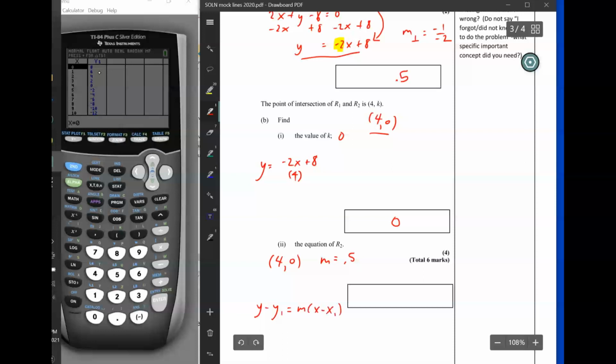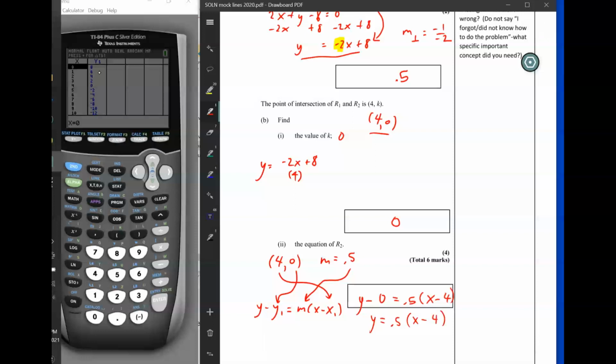We're just going to substitute 4 and 0 in for x1, y1, and 0.5 in for m, and that gives us the answer. y minus 0 equals m, oops, not m, because we already know that m is 0.5. We write 0.5 times (x minus 4). Actually, this 0 you don't have to write, so you could write y equals 0.5 times (x minus 4). And is this in the format we want?